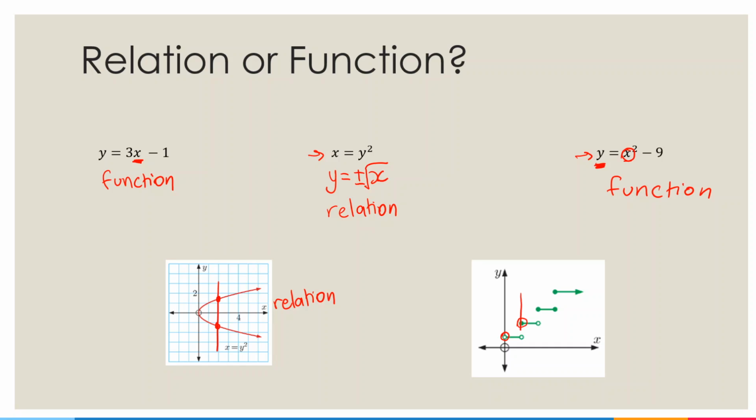So if I go down here, I'm only hitting my graph once, and that's at this spot, because we don't actually include that little bit here. And that is open, which means it's not included. So this line here is only hitting it once. However, if we go up to this point, we see that they're both included, so we have two y values for one particular x value, which means this is also a relation.